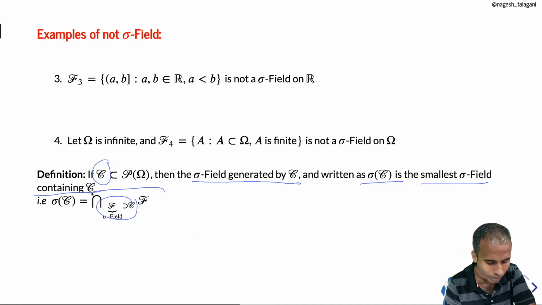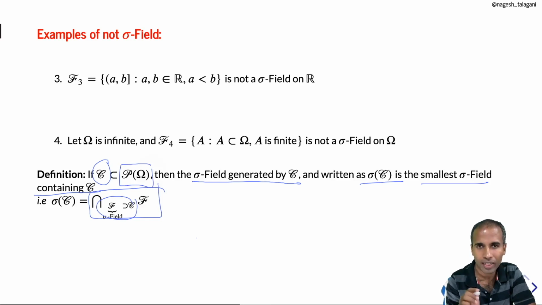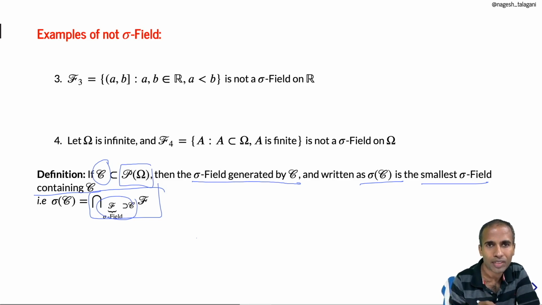So this is obviously a sigma field, and it is a non-empty intersection because at least I can see the power set of omega here. So the smallest sigma field which contains our collection always makes sense. There will always be one.